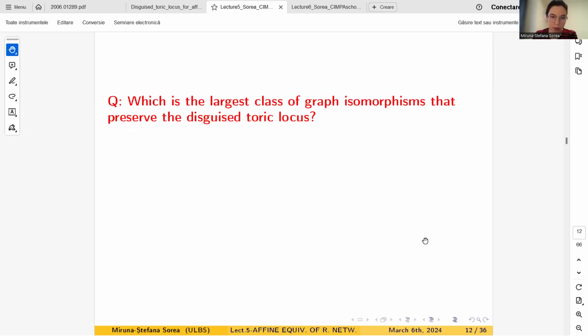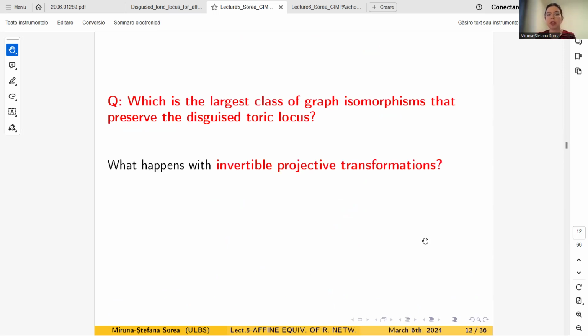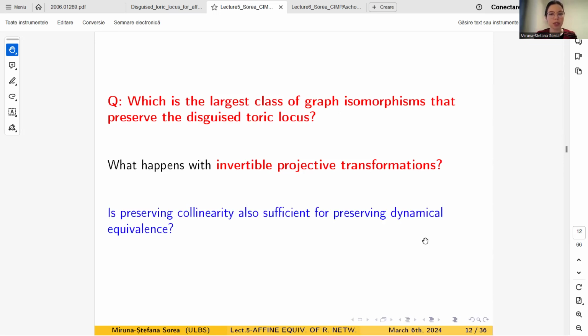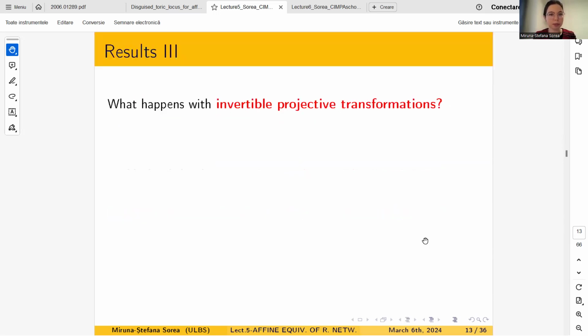So what about considering projective transformations, invertible projective transformations? Do they work? In other words, is preservation of collinearity sufficient also? Because necessarily we saw it is. So is it sufficient for this? Part of our results is also discussing what happens, mostly giving counterexamples.